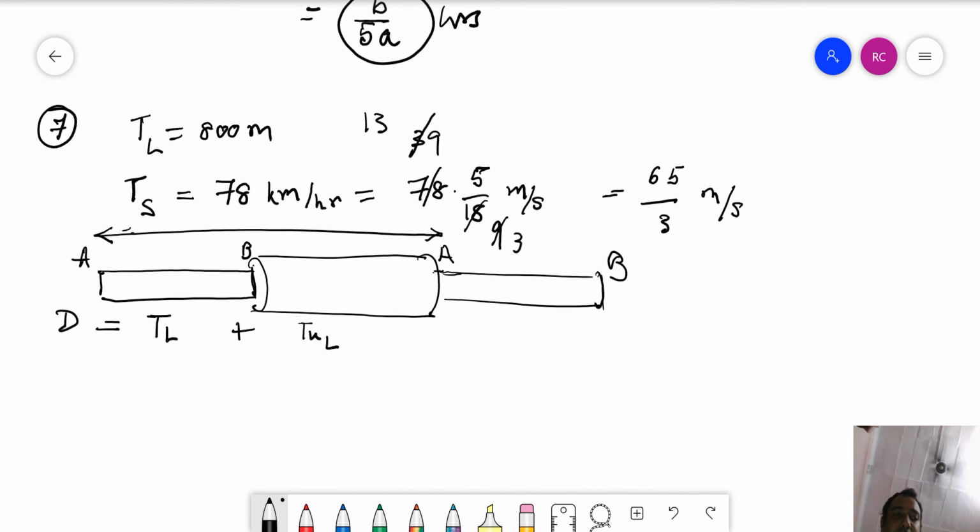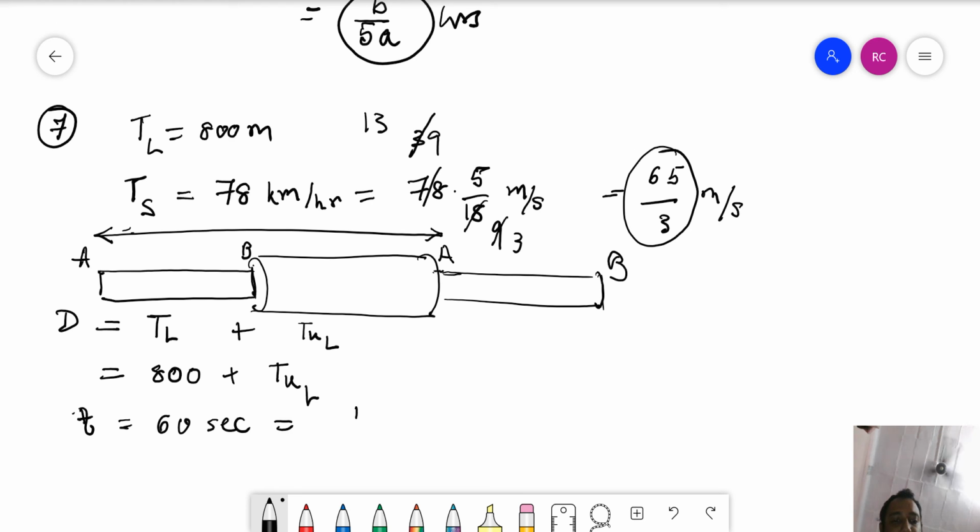And the speed of the train is 65 by 3 meters. Now the length of the train is given as 800, and the length of the tunnel is not given, it's to be found. And the time is 1 minute, the time is 60 seconds.